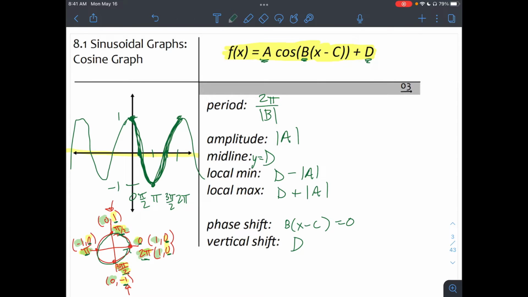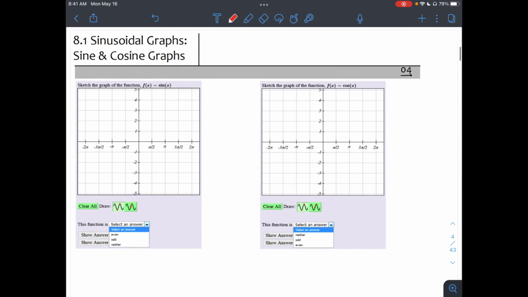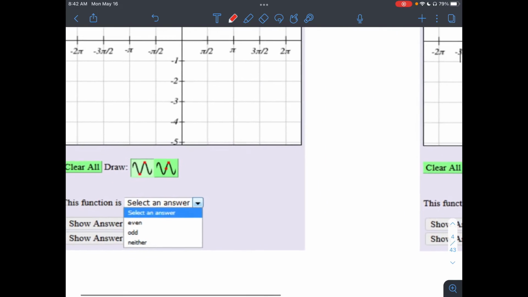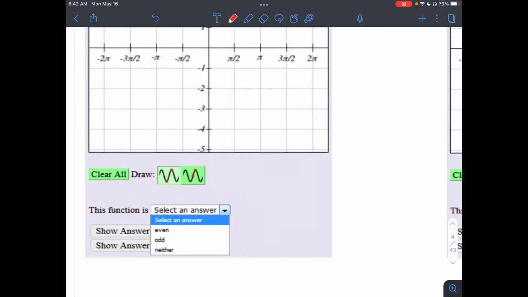All right, so let's take a look at how this is going to be used, or how we're going to be working with the sine and cosine graphs, which again, when we find equations for graphs, I will show you that you can write the equation in terms of sine or in terms of cosine for any of those. Okay, so the first set of questions you'll be asked is just to get familiar with the graphing utilities. And what you see right here is the cosine graph starts at a maximum.